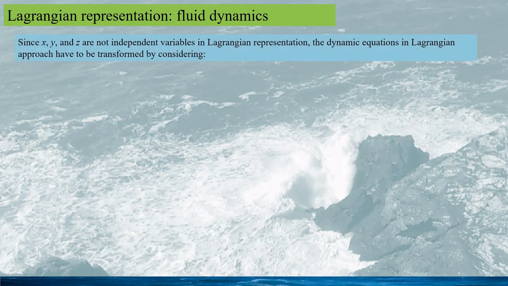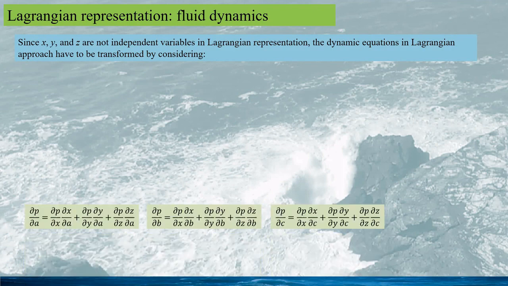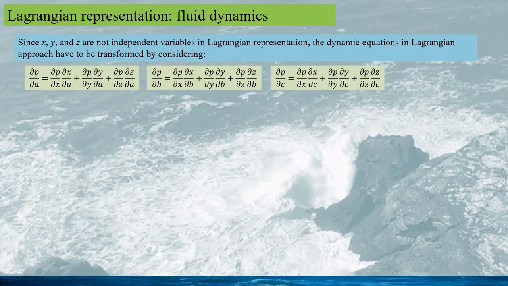For establishing the dynamic equation in the Lagrangian approach, the force due to the pressure are transformed using the independent spatial variables for the particle A, B, and C. Applying the chain rule, we have the equation as this.